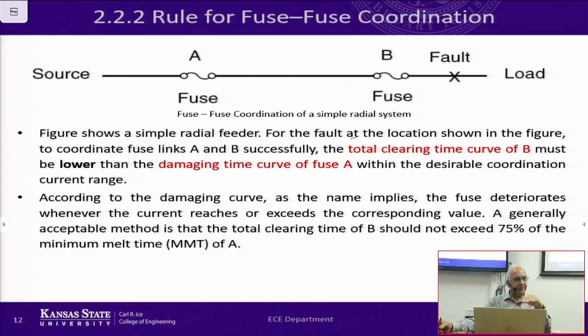So we have to look at the upper graph of B and the lower graph of A, and they should be separated from one another. A generally acceptable method is that the total clearing time of B should not exceed 75% of the minimum melt time of A. So you could push A a little bit if you want to, and get the margin that you're looking for.